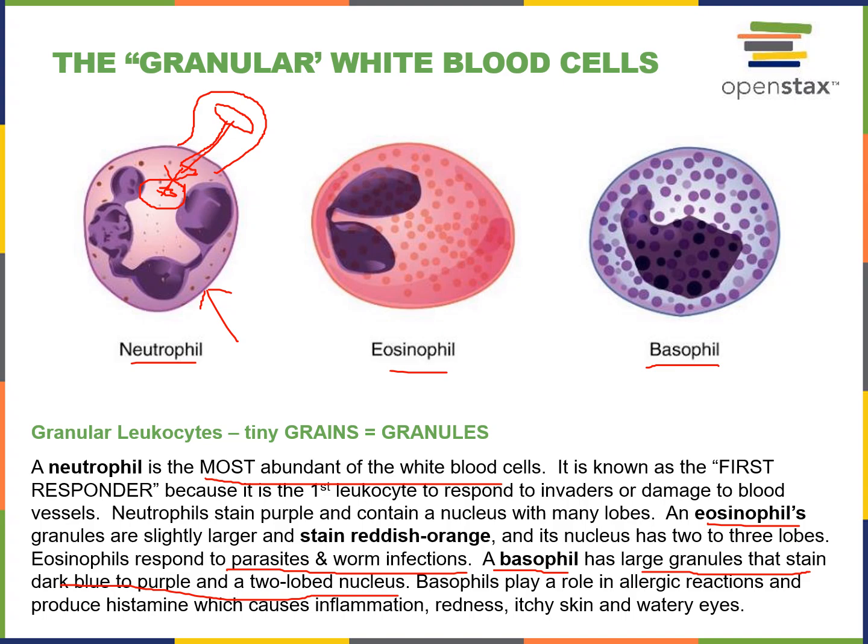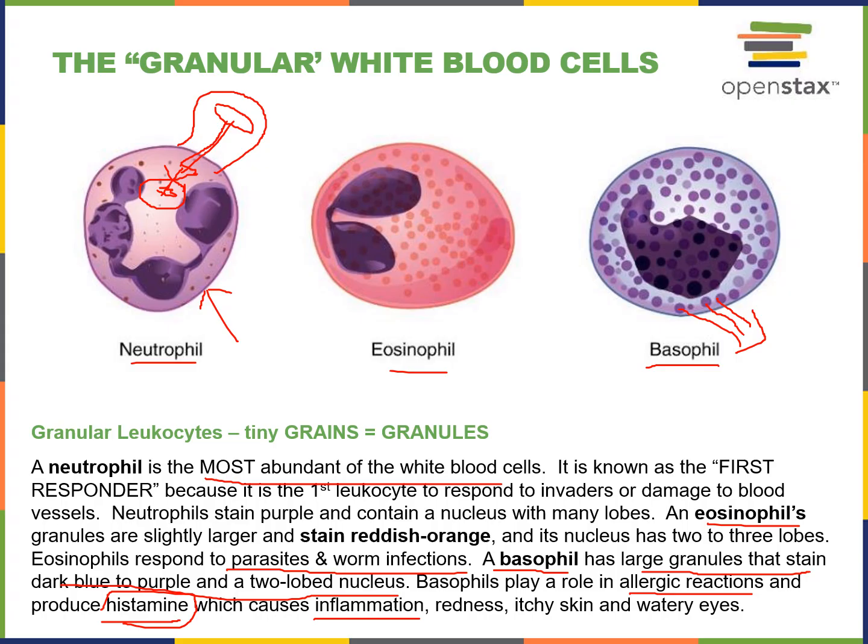But basophils play a role in allergic reactions. And you should remember this, that basophils have histamine. So all of these little blobs, these little sacs that are shown here, they contain histamine. And histamine, we will talk about a little bit more in the immune system, because histamine is what triggers what is called inflammation.